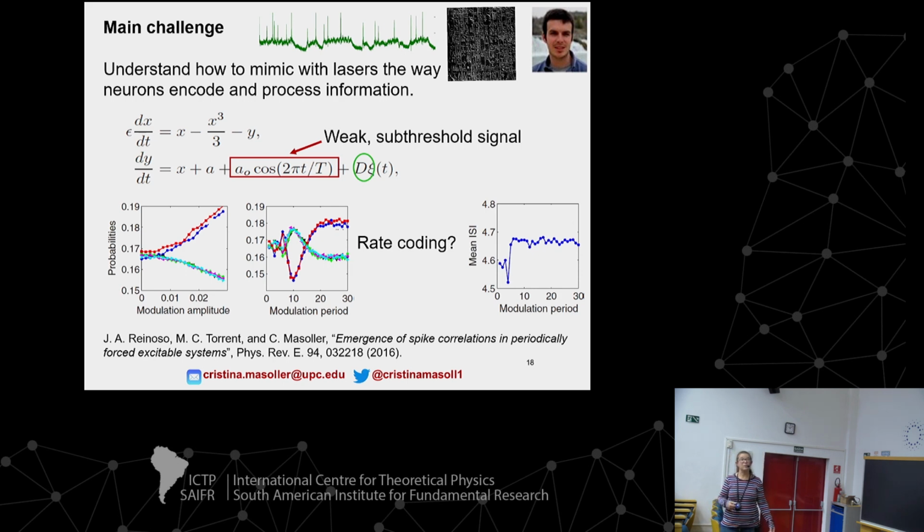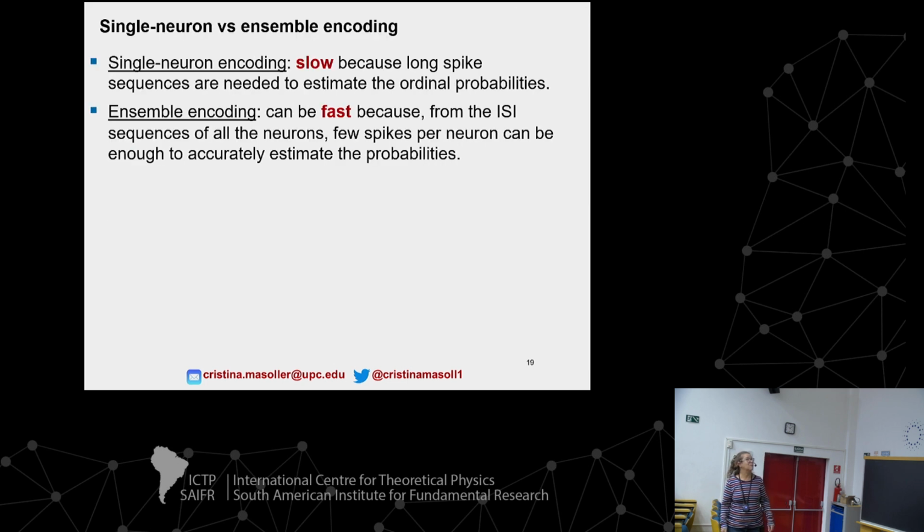So you cannot encode the period in the rate. But it could be encoded in these probabilities because the probabilities have different values depending on the period. So now we can go back and ask, from these probabilities, can we recover the period? Suppose we don't know the period. So that's what's going on in our lab at the moment.